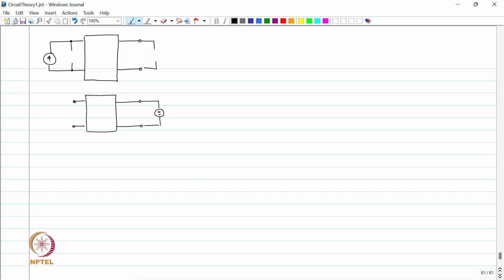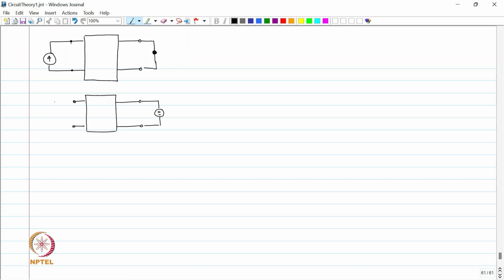Okay. So, to apply Tellegen's theorem, I need the network to be the same, the graph of the network to be the same. How do we make the graph of the network the same? Resistance. What resistance? Oh, 0 resistance. Okay. Better still, I am going to use a 0 volt voltage source. So, over here I am going to use a dummy 0 volt voltage source.